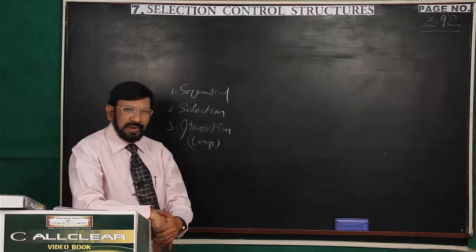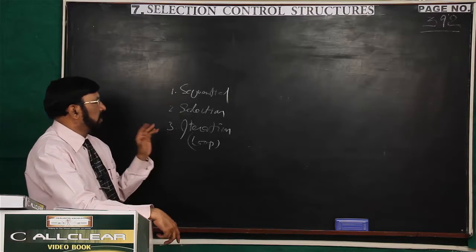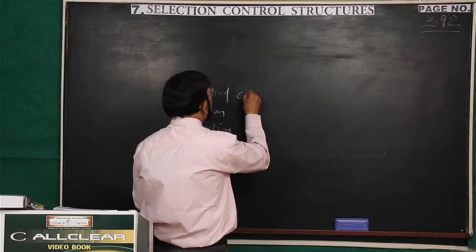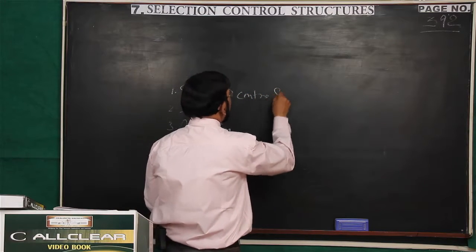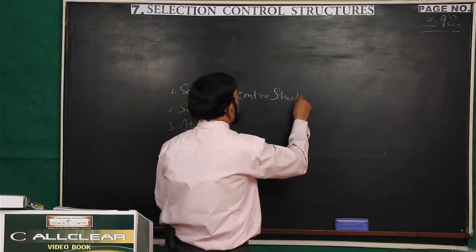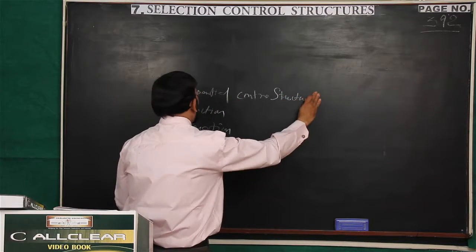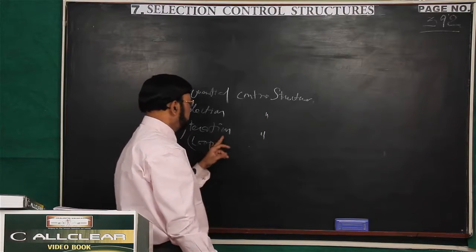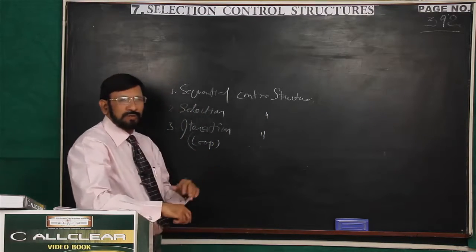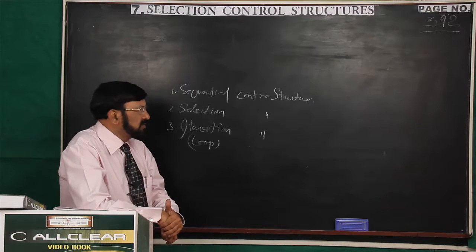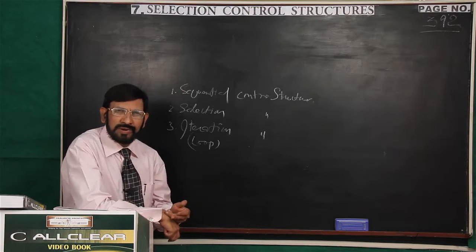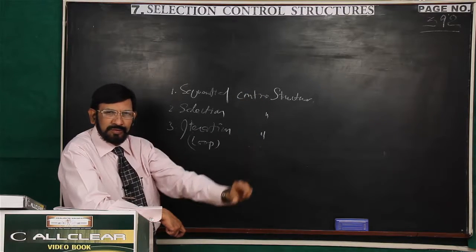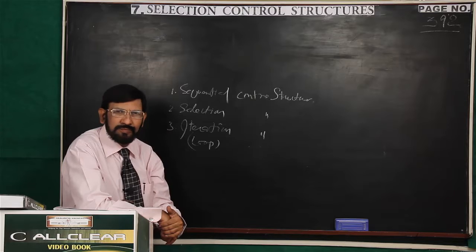That's why the C language provides three types of control structures: sequential control structure, selection control structures, and iteration control structures. Iteration control structures are loop control structures. The sequential control structure is the default one; by default, all statements are executed sequentially. That is the sequential approach.